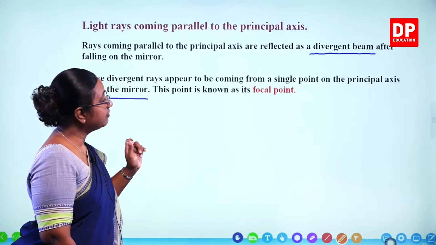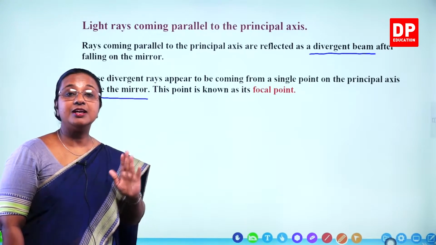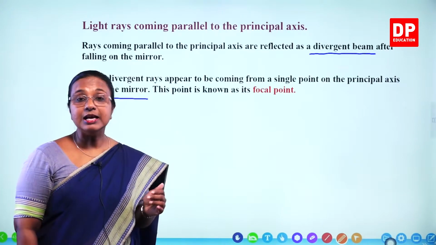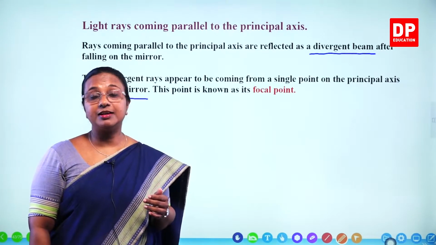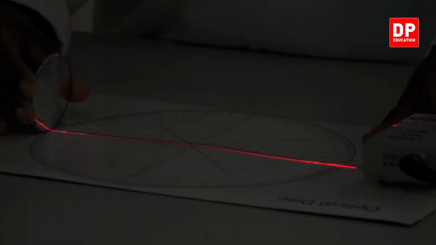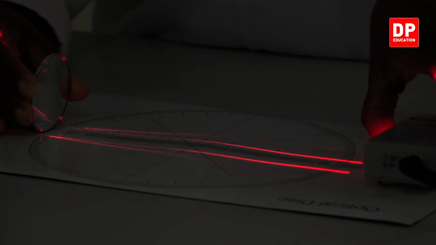So here, if I draw the ray diagram, you will see how the rays get diverged. So before we do that, we will look at the beam being reflected by the convex mirror. You can see the parallel rays that are coming towards the convex mirror. They get diverged and get reflected away from the mirror.